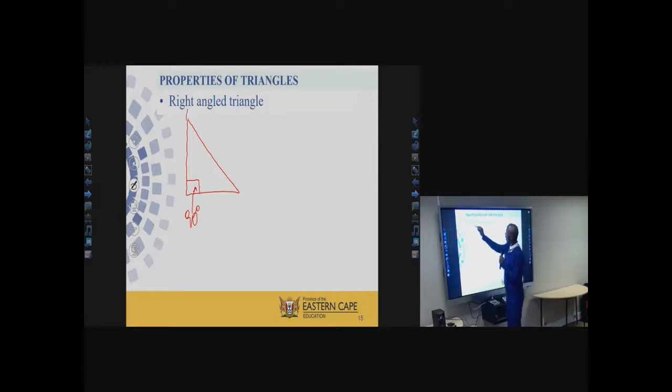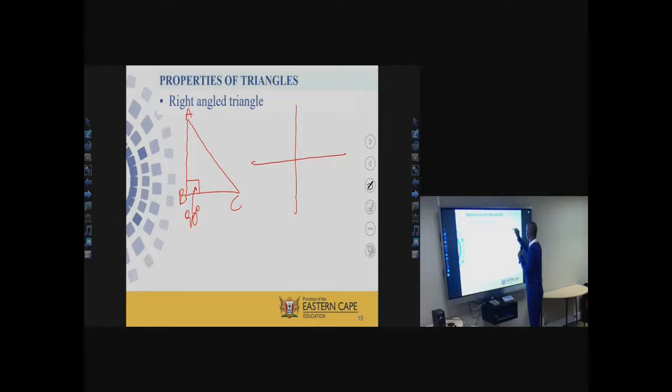Now, if it's ABC, a right-angled triangle, then it means that in analytical geometry, if you were given it like this, for instance, and then they say that angle is 90 degrees, what it means now is that, if this is PQR, this line PQ and this line QR are perpendicular to each other.